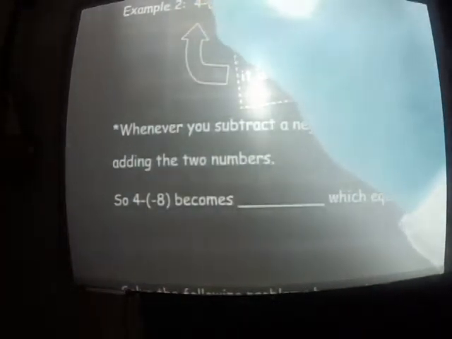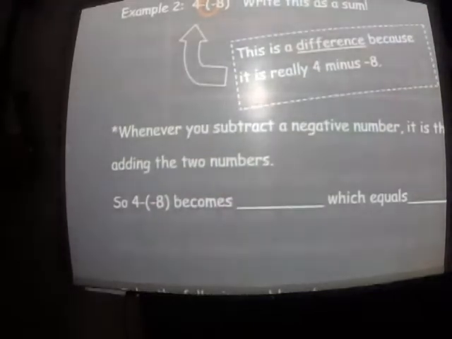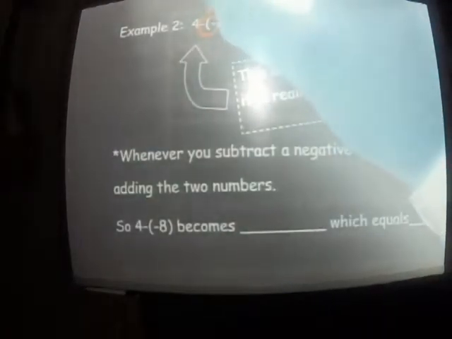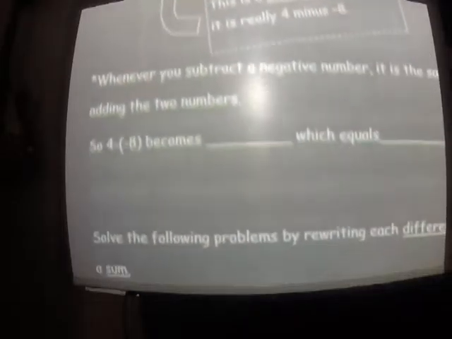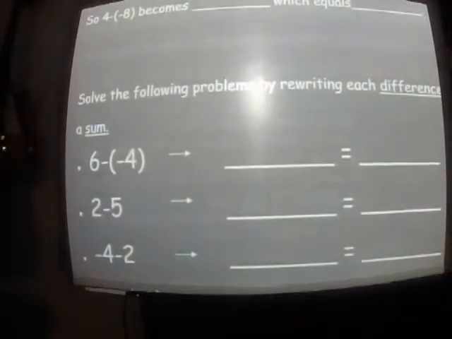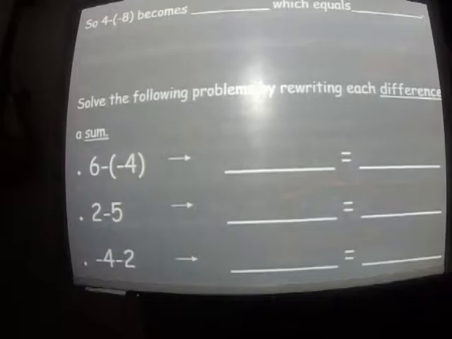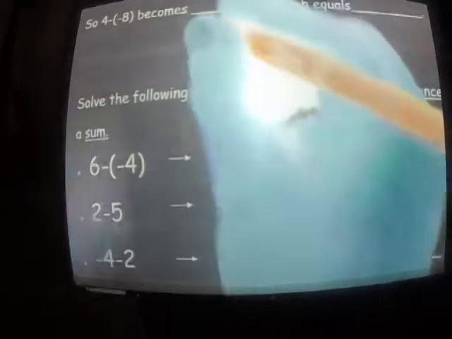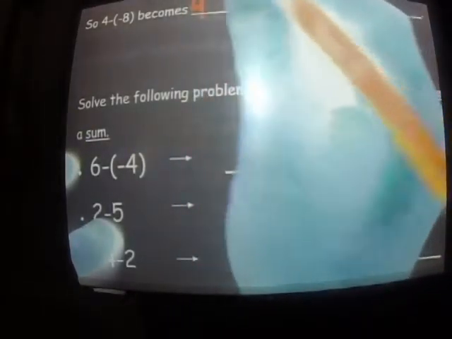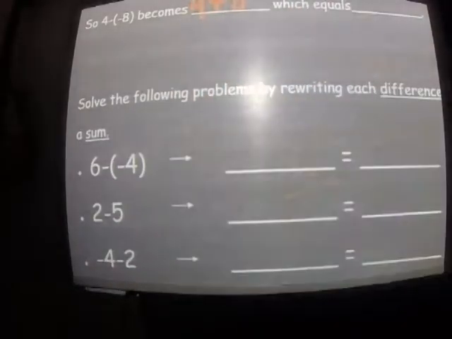So whenever you have this minus negative next to each other, it's the same as changing it to one of these. So 4 minus -8 becomes what? 4 plus 8. Leave the 4 alone, it's still positive 4, but then plus 8. This turns into just one nice plus sign.